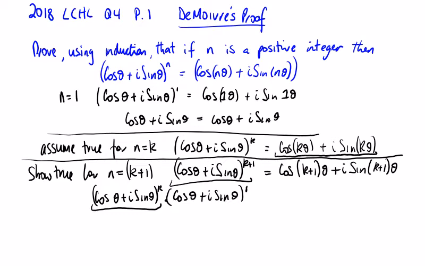So if we bring that down, cos k theta plus i sine k theta by cos theta plus i sine theta to the power of 1, and then multiply this out, we should get the right hand side.